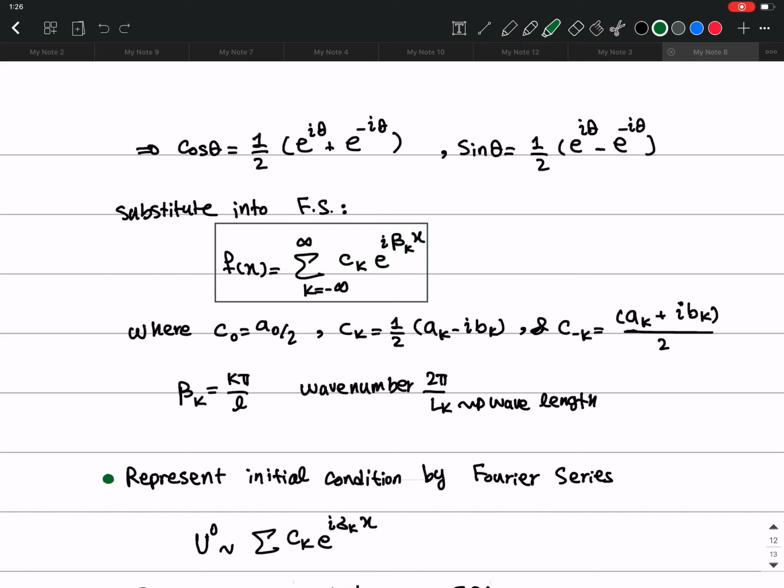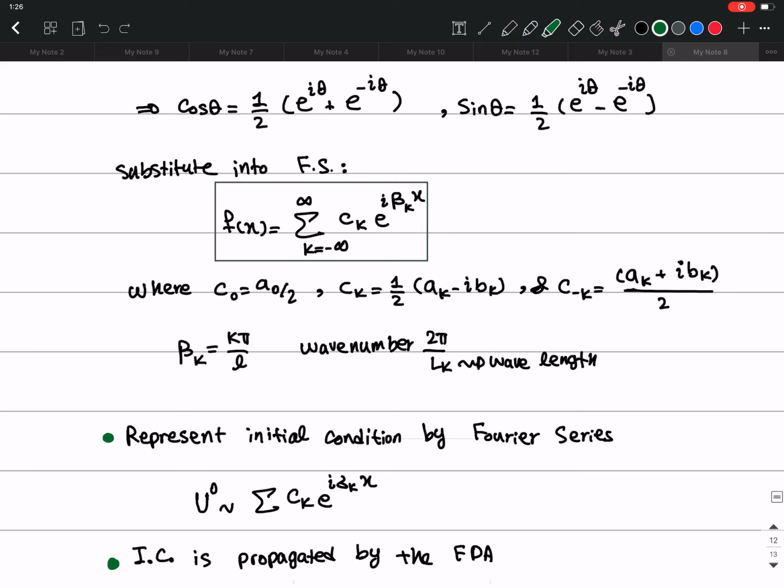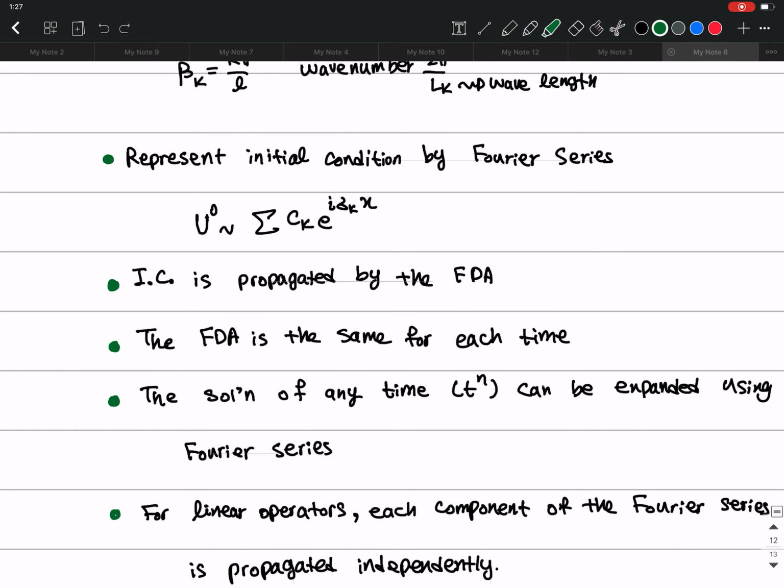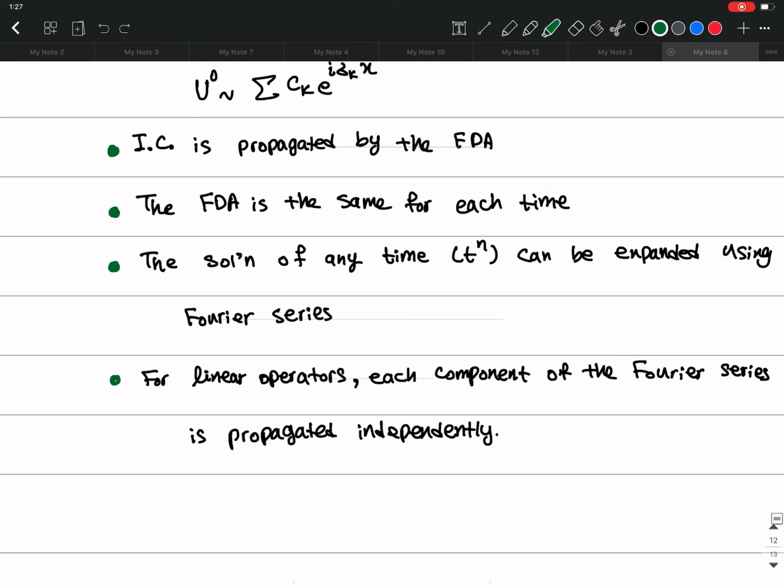This means it is discretized. Previously in the lectures that we had before, it was an integral form because we were solving in continuous form and we wanted analytical solutions. But here we want numerical solutions which are discretized, so we are going to use Fourier series rather than Fourier integral transforms.